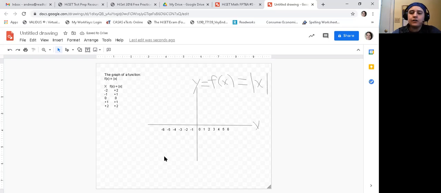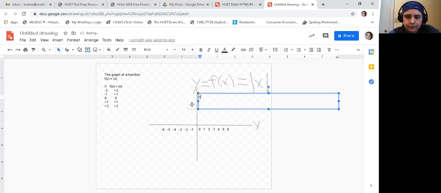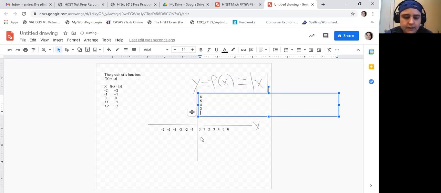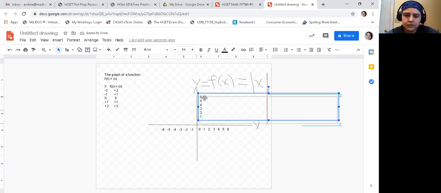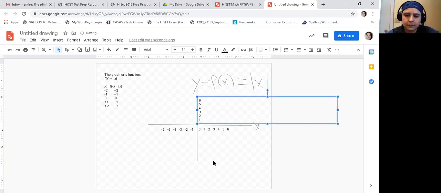So we've got these values along our x-axis, and then I'm also going to put some values along the y-axis. So in the positive direction, I might have 6 and 5 and 4, 3, 2, and 1. Let me just translate this down a bit. There we go.